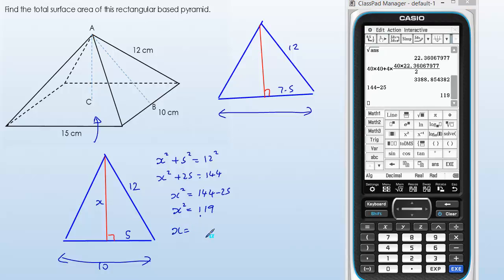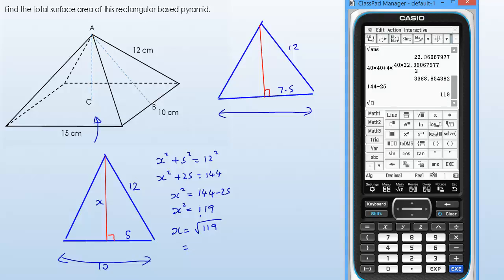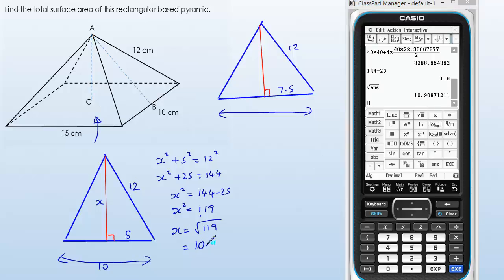And that means that x is the square root of 119. And the square root answer, if we round to 2 decimal places, is 10.91. Note the third decimal place is an 8 there. And I didn't put the units in, but obviously it's centimetres.